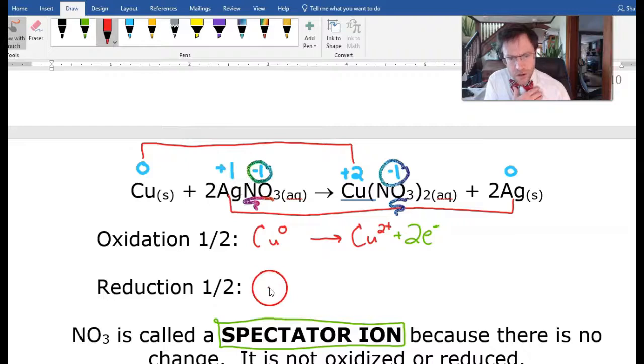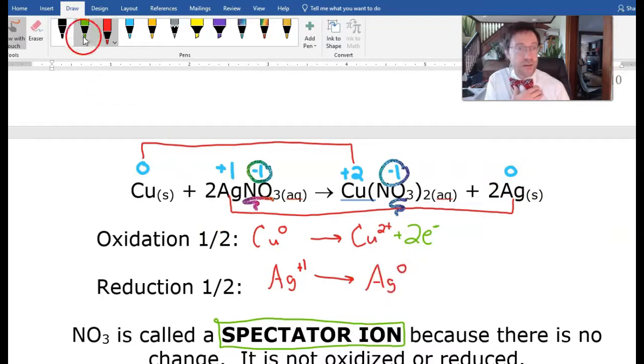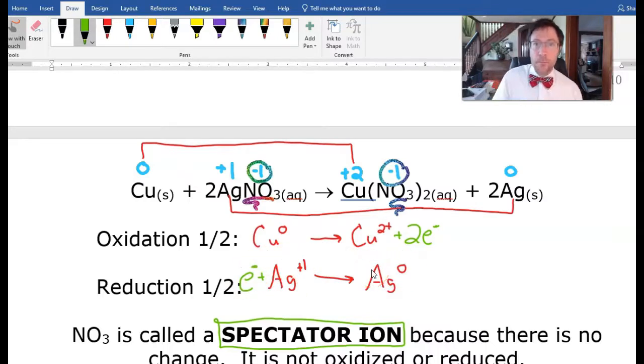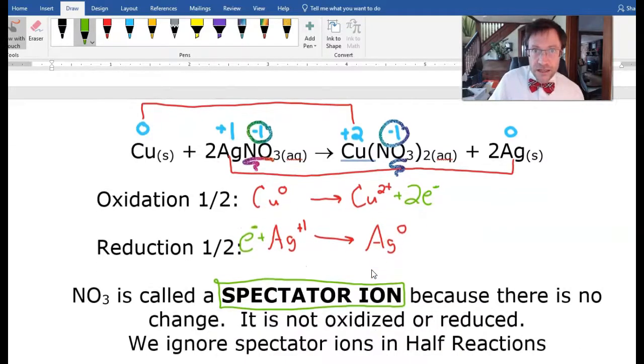Silver is going from a +1 on the reactant side, and on the product side, look, we have silver 0, elemental silver. So if I've got a +1 on the reactant, 0 on the product, I know I'm going to need 1 electron here. -1 +1 is 0, 0 on that side. Bam! Just like that.